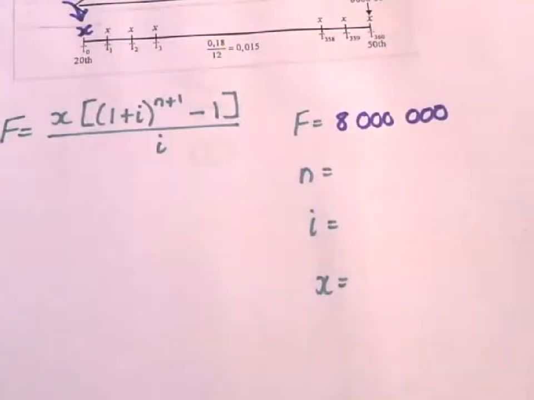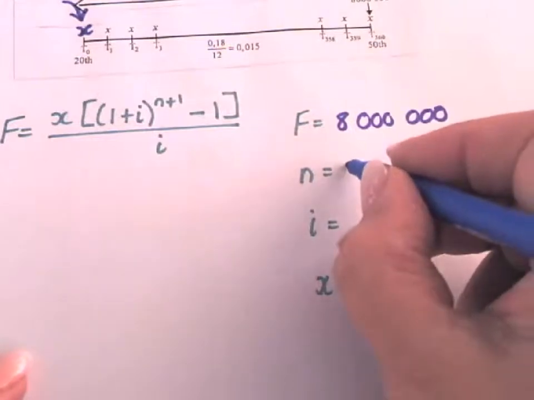Our N. How many years is it from 20 till 50? 30 years. How many months? 360 months. Plus the immediate one, 361.